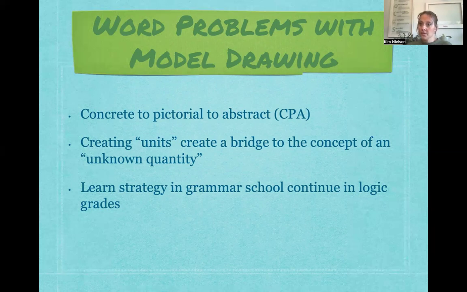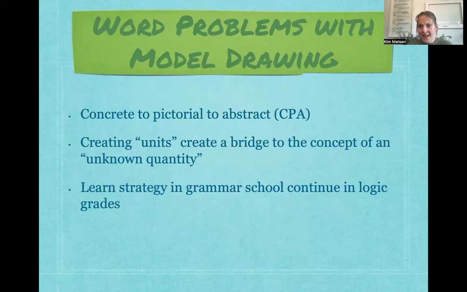And so a lot of you probably had to do word problems in your years of doing math in school. Model drawing is a way to start with the concrete, go to the pictorial, and give the abstract. It's also a way to kind of learn some strategies in grammar school that you're going to continue in logic and rhetoric years. And so it really bridges into algebra and figuring out unknowns.